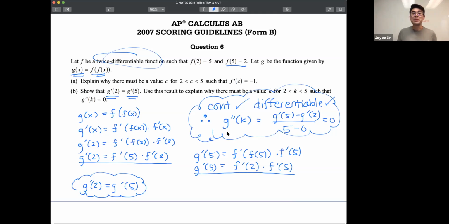So you can say, because the function is continuous, because the function is differentiable, mean value theorem states that. But you don't have to actually say mean value theorem. Other thoughts? You could also say Rolle's theorem here if you want to. You can roll with the punches.